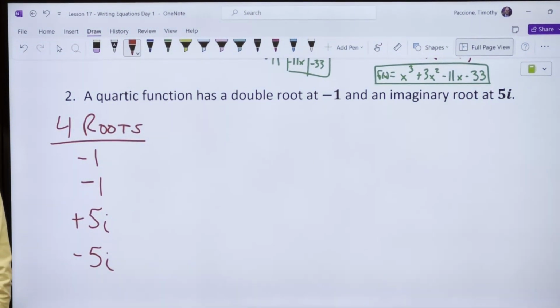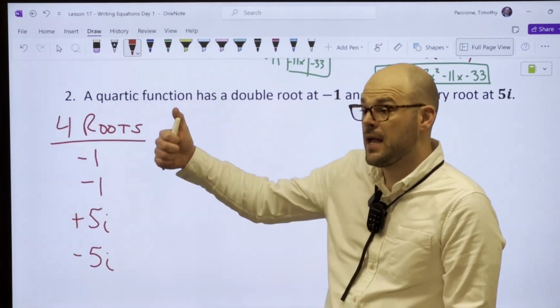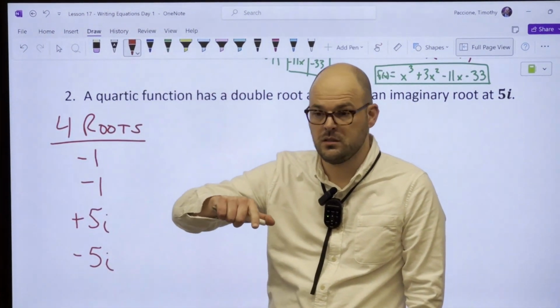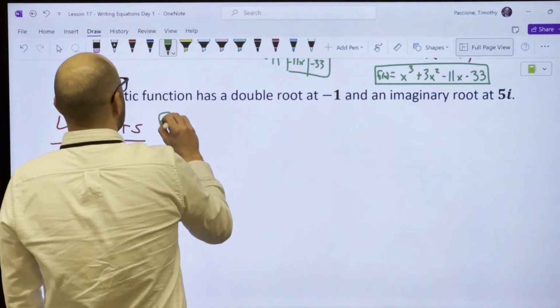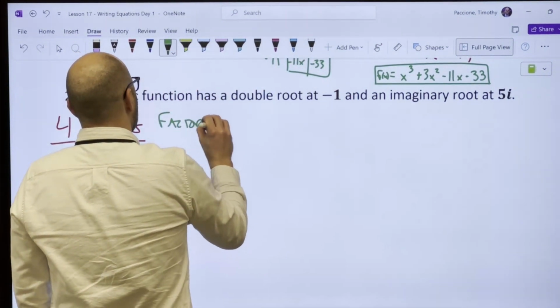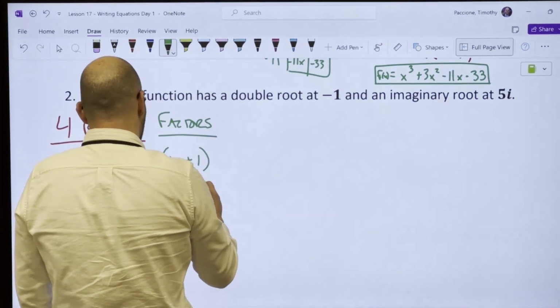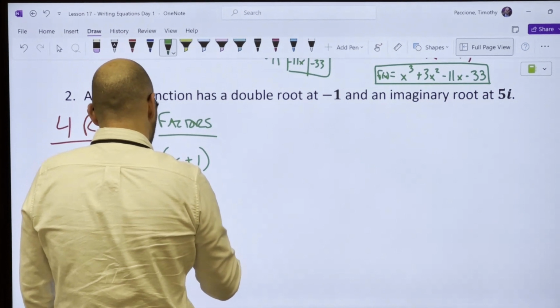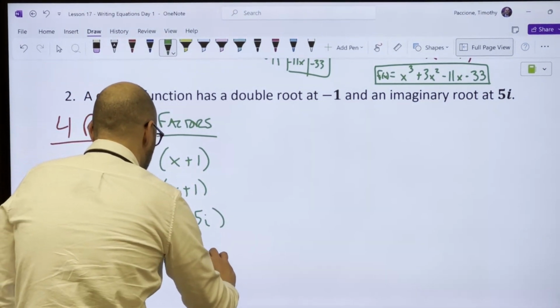But I kind of want factors. And I said, go from root to a factor, you just do what? x minus the root, right? So my factors are x plus 1, x plus 1, x minus 5i, and x plus 5i.